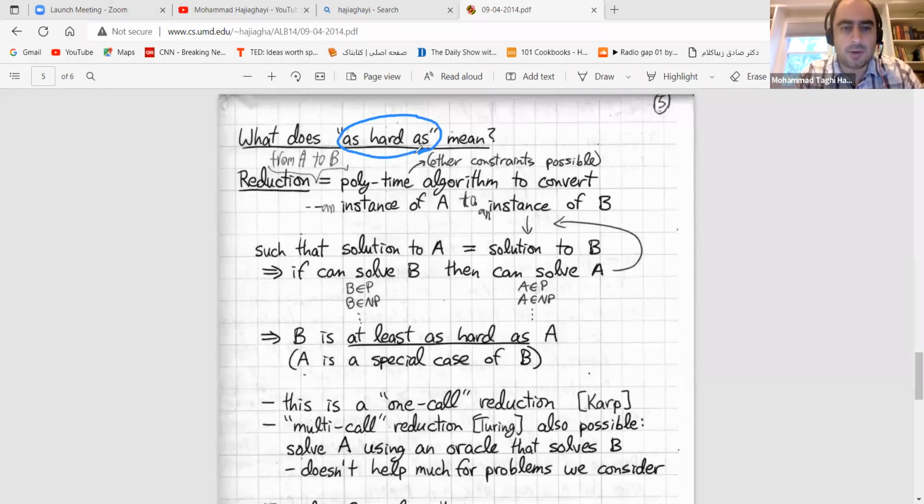So this is the concept of reduction that I mentioned briefly before. We say that there is a reduction from A to B if there is a polynomial time algorithm that can convert an instance of A to an instance of B. So this is very important.